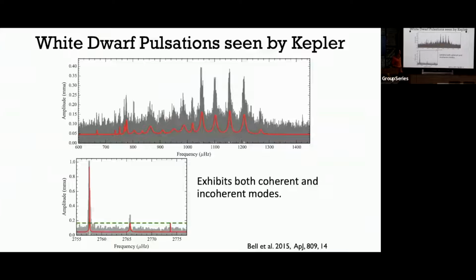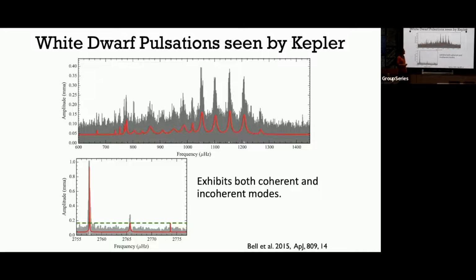So this is a plot that I made during my thesis. This is showing the Fourier transform of the first hydrogen atmosphere pulsating white dwarf star to be observed in the Kepler field of view. We got 1.5 years of data on this system, and it revealed a bunch of pulsation signals.